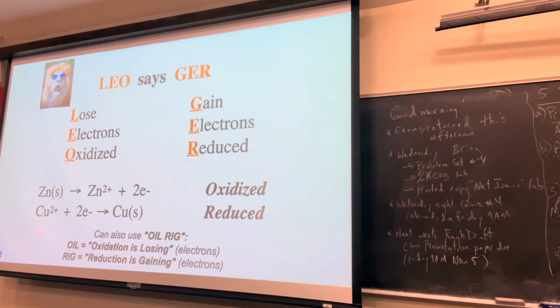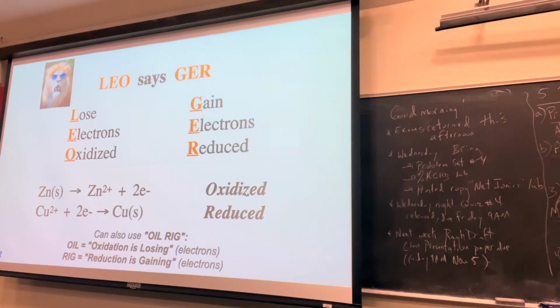Now, on the other hand, copper 2+ going to copper metal, copper here is gaining 2 electrons. The copper 2+ is being reduced. Copper is becoming less positive, more negative, all right? And that's because it's gained 2 negative electrons to become neutral copper.